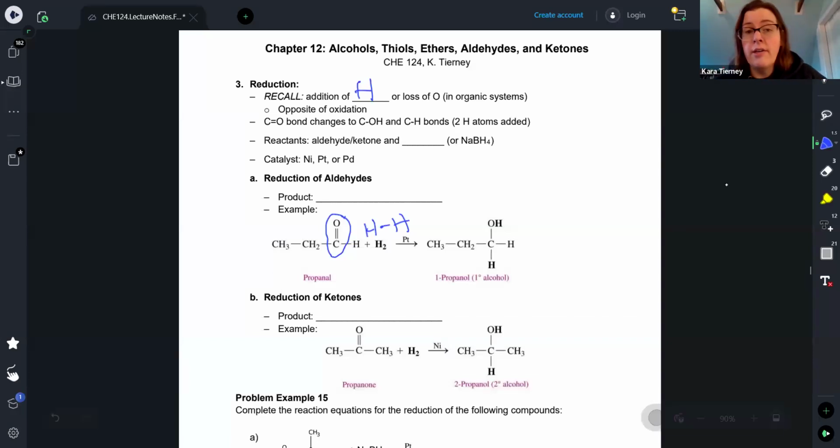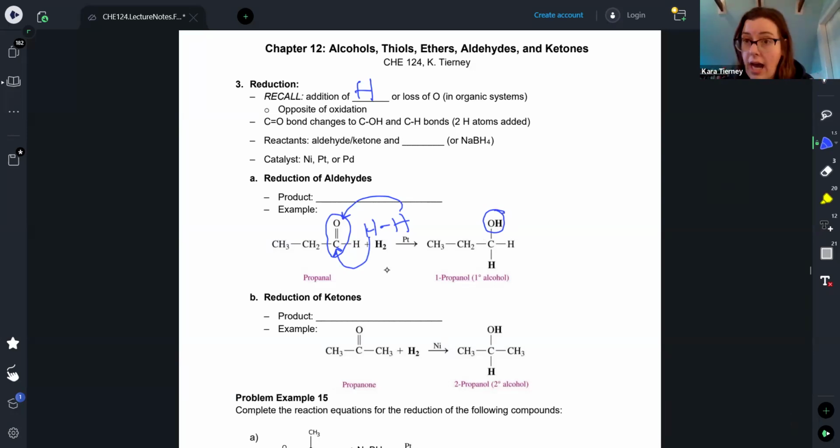The carbon-oxygen double bond will break open. One hydrogen bonds to the carbon, one hydrogen bonds to the oxygen, forming the resulting functional group, which is an alcohol. So the carbon has an additional hydrogen, and then the oxygen becomes an alcohol.